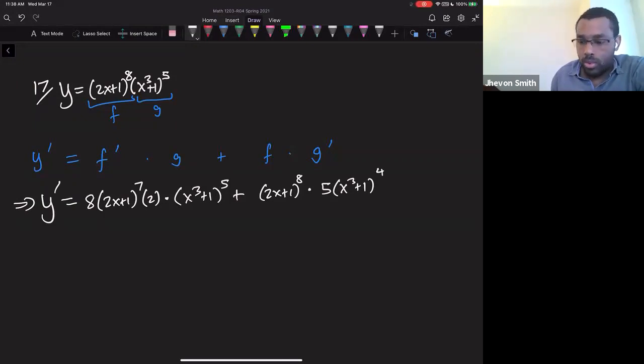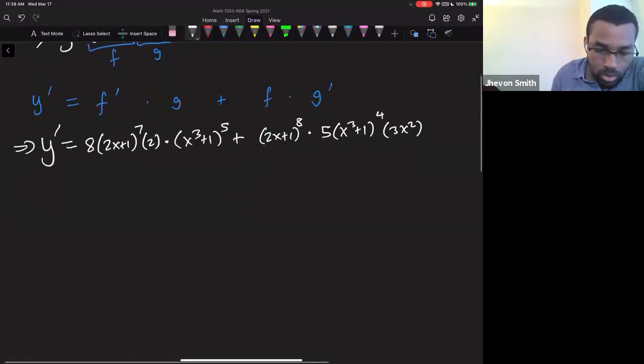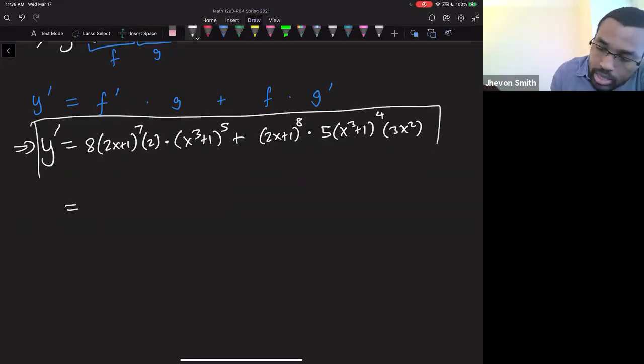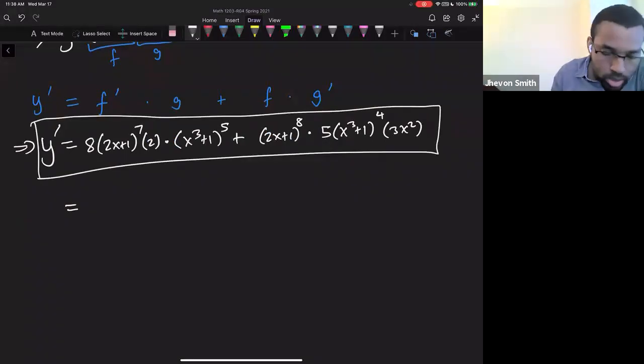And then times 3x squared. Correct. Now, this is the answer. But let's say I wanted you to simplify.